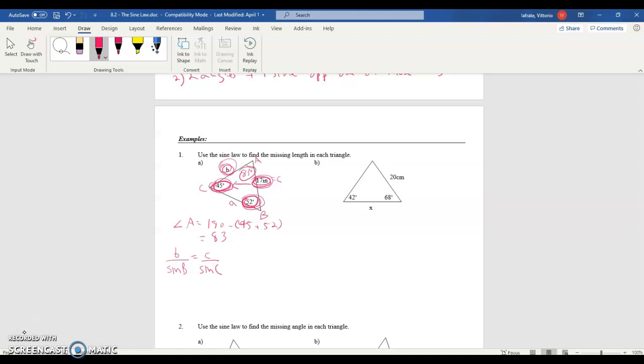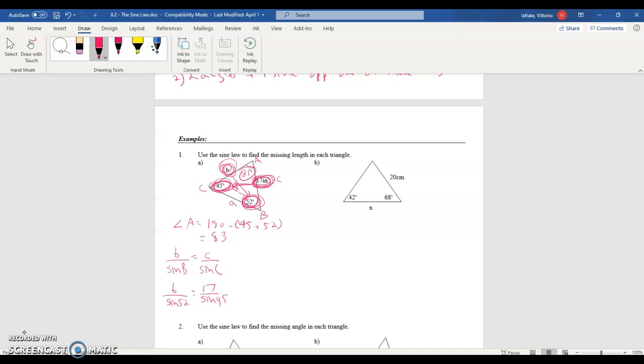And so that would give us b as our unknown over sine of angle b, which is 52 degrees. Right? This is b, our unknown. The opposite angle is 52 degrees. Is equal to, we know side c, 17 over sine of angle c, which is the opposite angle of side c, of 45.